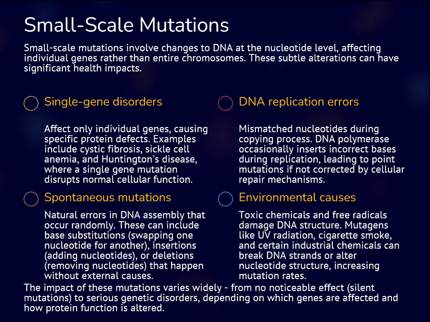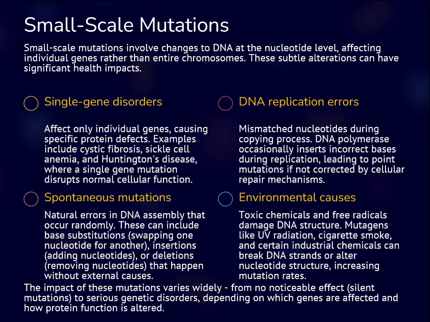If these mistakes aren't caught by the cell's proofreading tools, they can change how a protein is made. Some changes to these proteins have no effect at all, and these are called silent mutations. But others can make a protein that doesn't work right, or even one that's harmful.